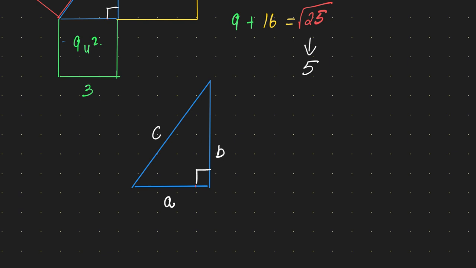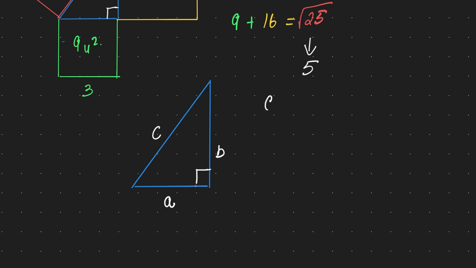So A and B, look at what they're attached to. They are attached to this right angle in here. And when they're attached to the right angle, then you have A and B. Now, you may think, how do I know if it's A or B? It really doesn't matter, we can use them interchangeably.